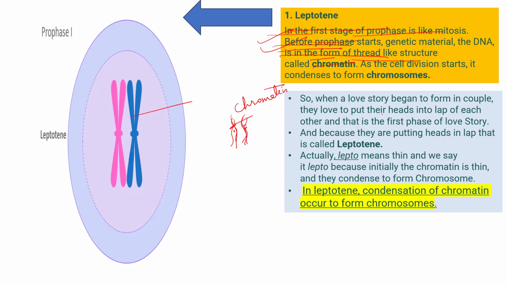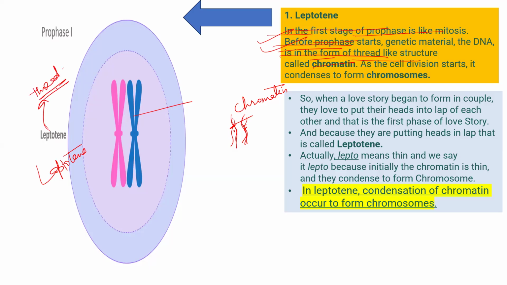So when a love story begins to form in a couple, when a child attains puberty, some complex will arise. They love to put their heads into the lap of each other. This is the first phase of the love story. So this is the reason it is known as leptotene. Actually, lap means thread.